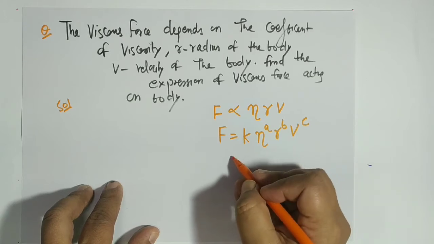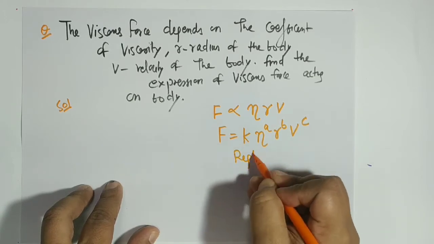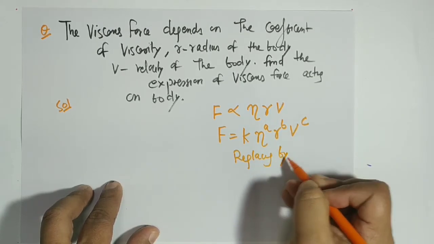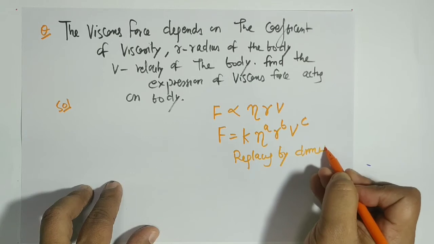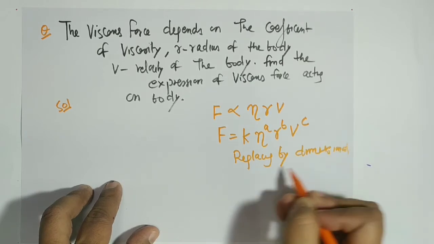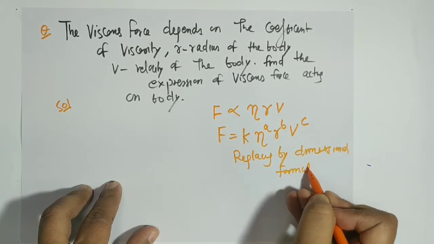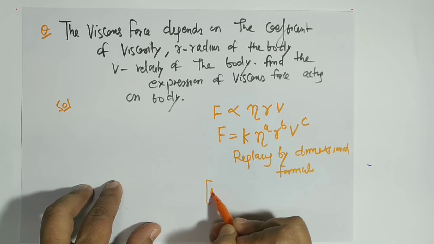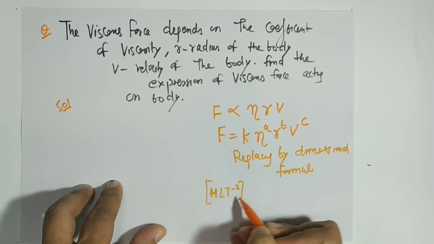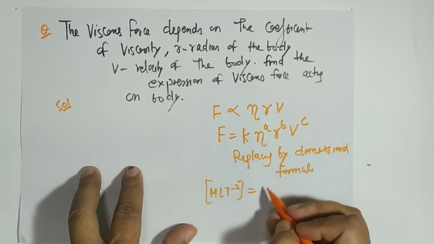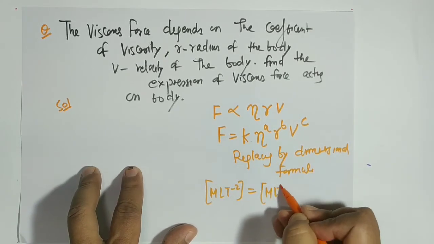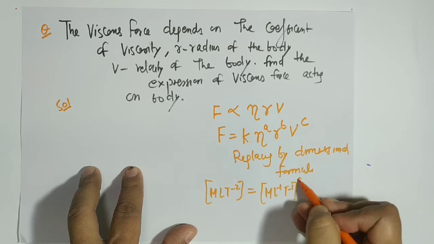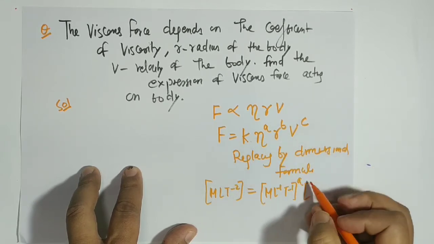And then replacing by dimensional formula. I think all of you know what F is: MLT minus 2. K is dimensionless. What is eta? ML minus 1 T minus 1. Very important quantity, eta, it is viscosity.